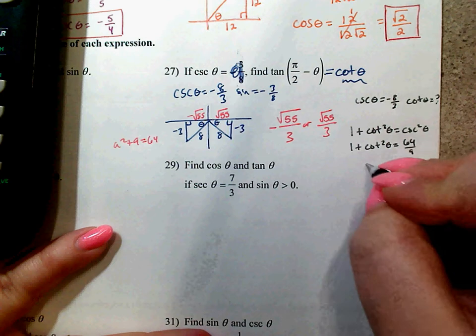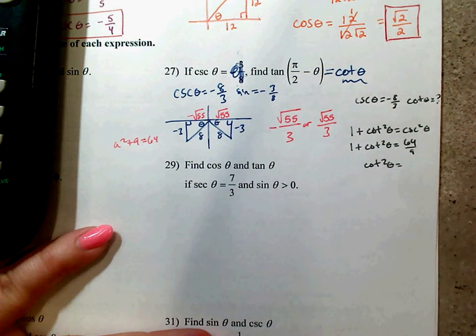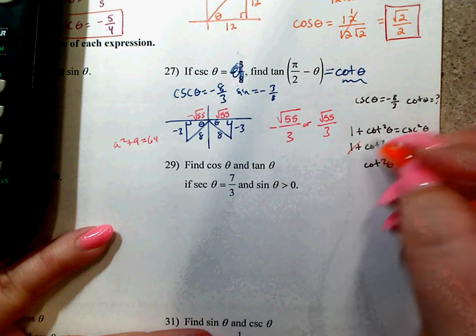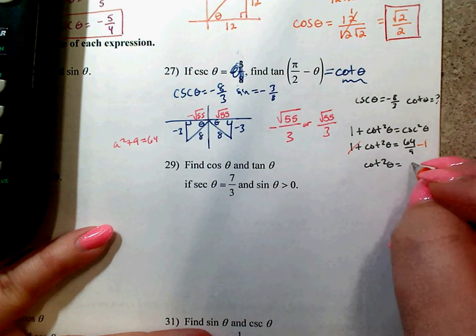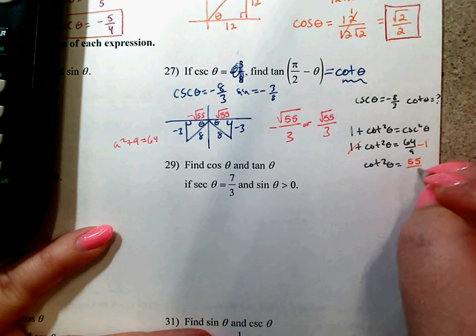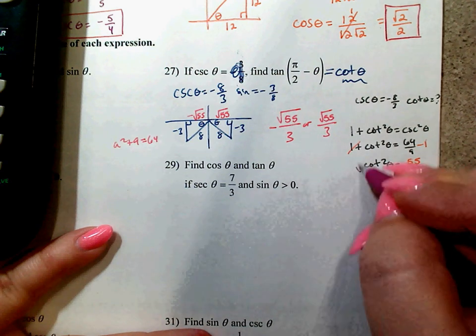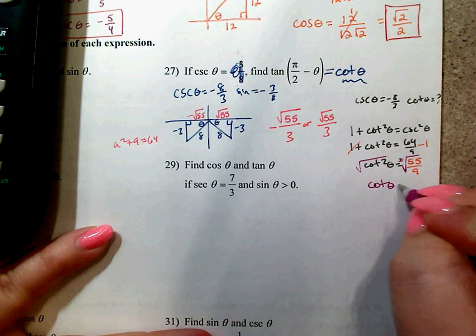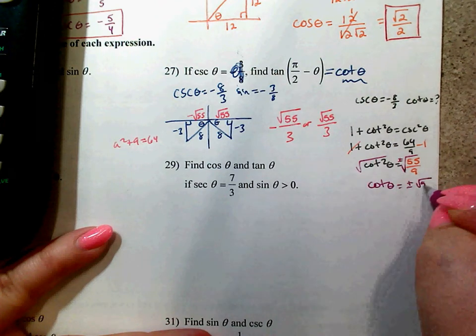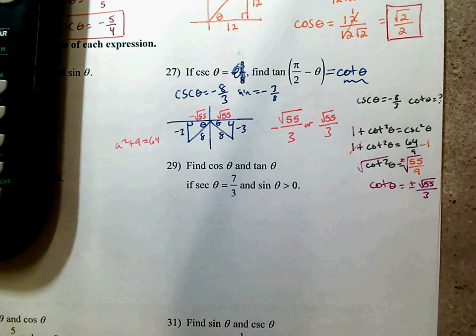If I start solving for cotangent squared, I'm going to subtract 1. Then 1 is 9/9, and 64/9 minus 9/9 is 55/9. And then I take the square root of both sides. When you take a square root, there's two answers. So I would get cotangent of theta equals plus and minus the square root of 55 over 3. And that's another way to get my answers.